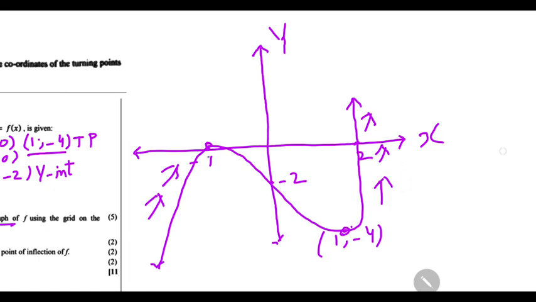And obviously between negative 1 and positive 1, the graph is going to decrease, because he says if x is less than negative 1, the first derivative is positive, which means the graph is increasing. And he also says x greater than positive 1, the first derivative is positive, which means the graph is increasing. So there we go, this is our sketch of the graph.